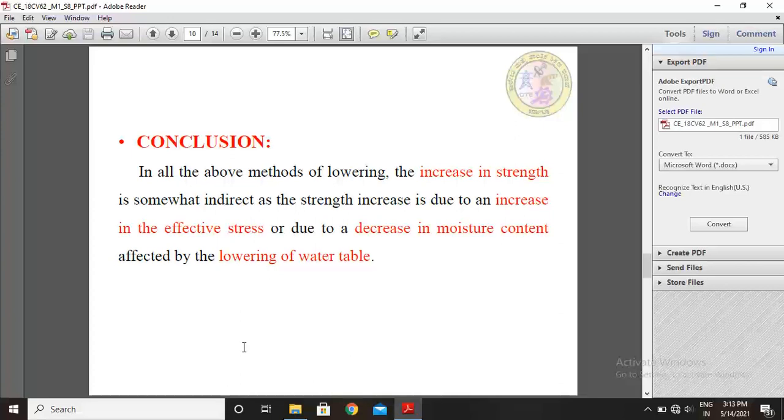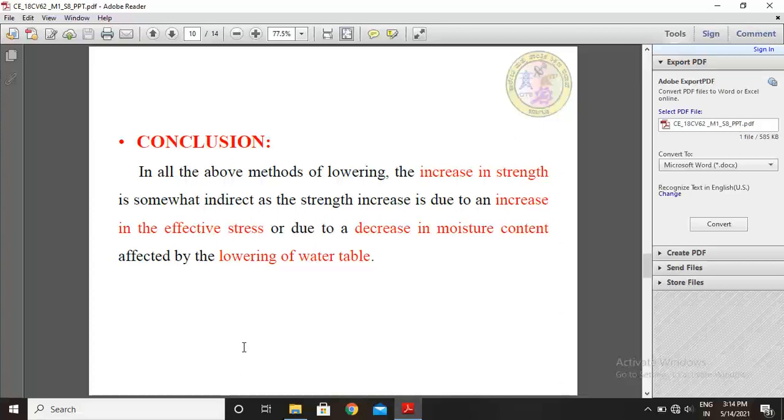Conclusions. Based on the dewatering and electro osmosis method concepts, the main conclusion is that in all the above methods of lowering groundwater, we have seen different methods. The increase in strength is somewhat indirect, as the strength increase is due to an increase in the effective stress or due to a decrease in moisture content affected by the lowering of water tables.